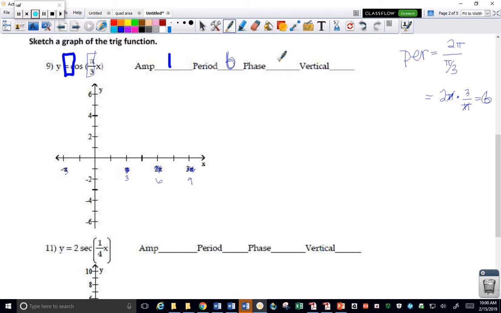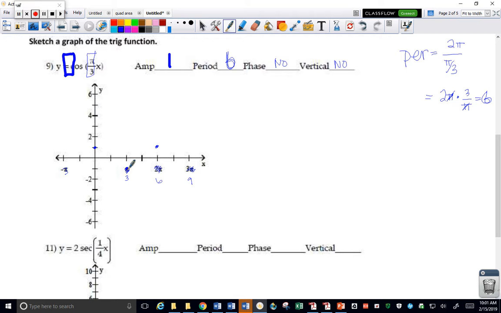And it has no phase shift and no vertical shift at all. The phase shift would be here after x, and the vertical shift would be wholly at the end of everything. So it has a value of 1, so we should know that cosine starts at a max and ends at a max. So maximum value is 1, and it has a minimum halfway in between.